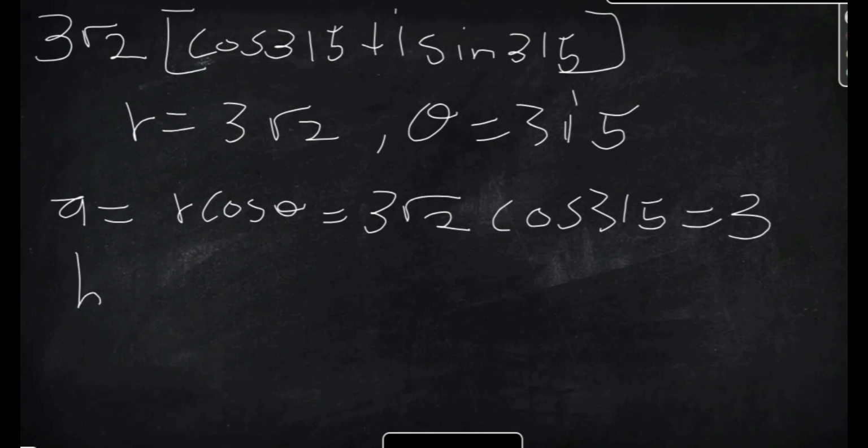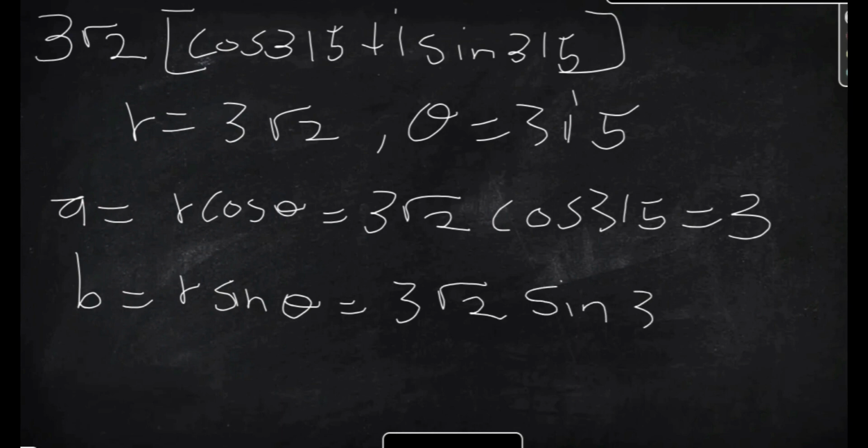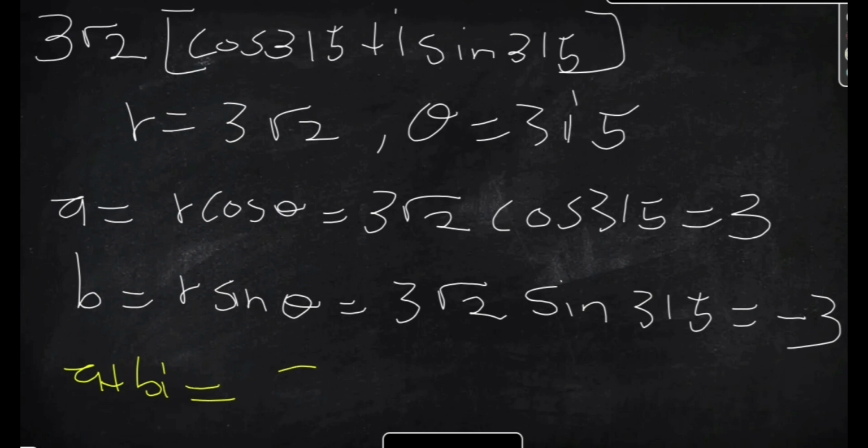We also have our b equal to r sine theta, which is 3 root 2 sine 315. That also gives a value of -3. The negatives here show where it lies in the Cartesian plane. Our standard form a plus bi now becomes 3 minus 3i.